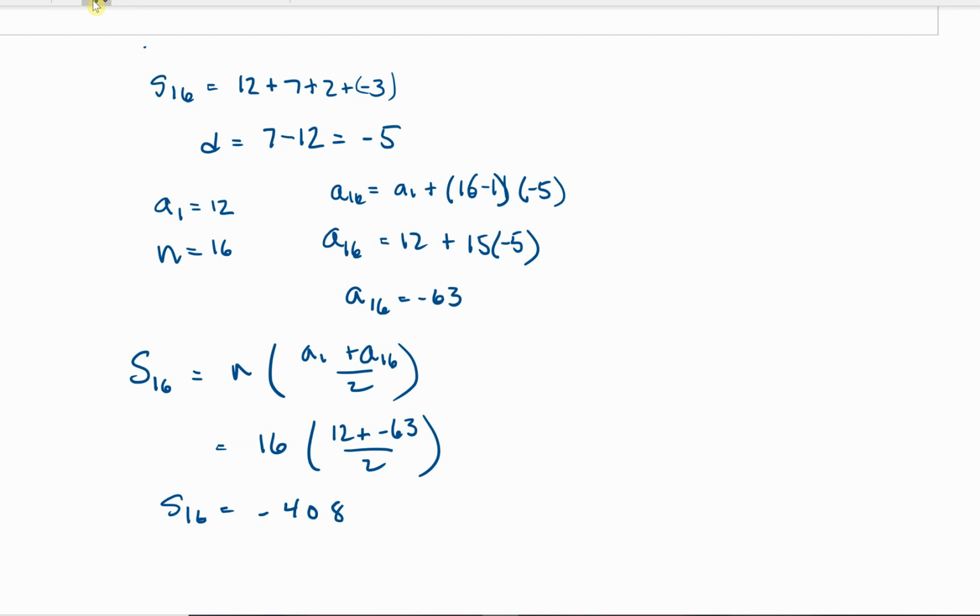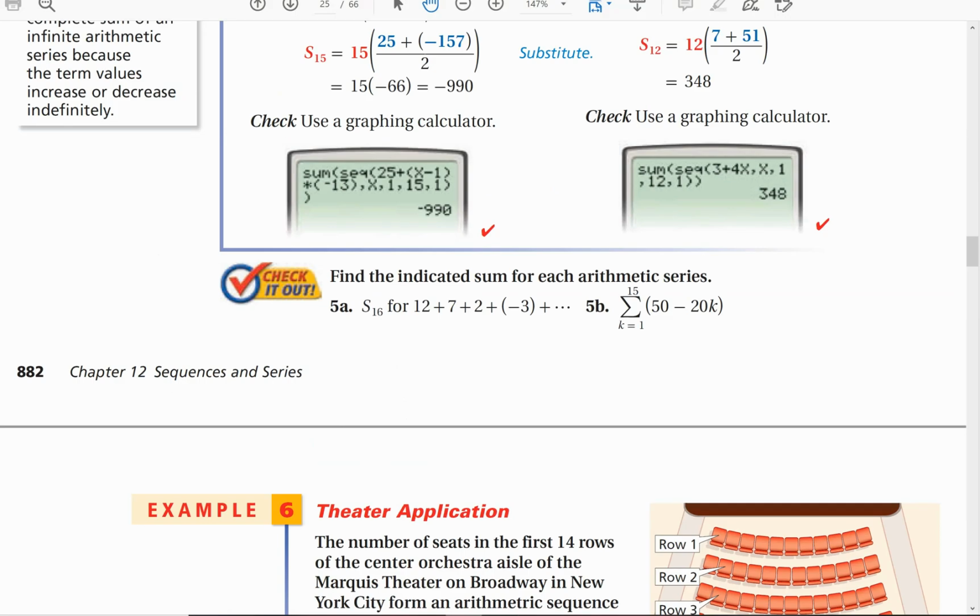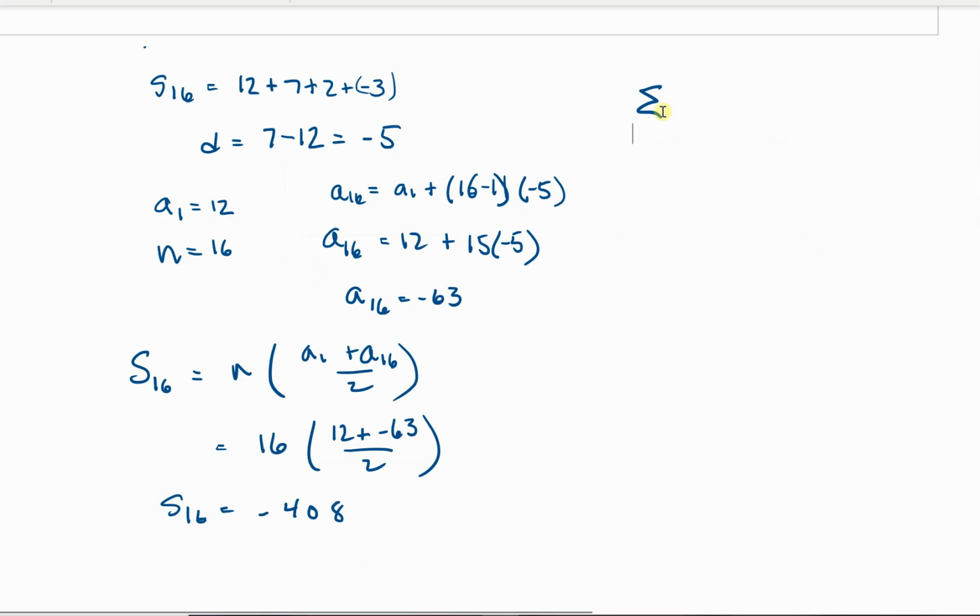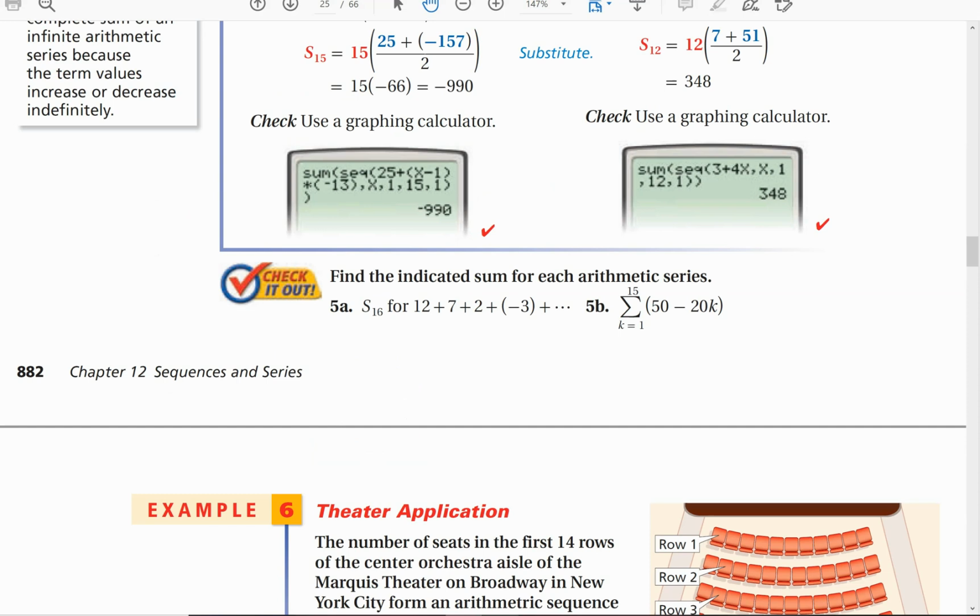Now, if it's in summation form, which I believe you saw another example of, like this one here, from 1 to 15, 50 minus 20k. So 50 minus 20k, and we're going from k equals 1 to 15. Really doesn't matter, but I want to make sure it's right.